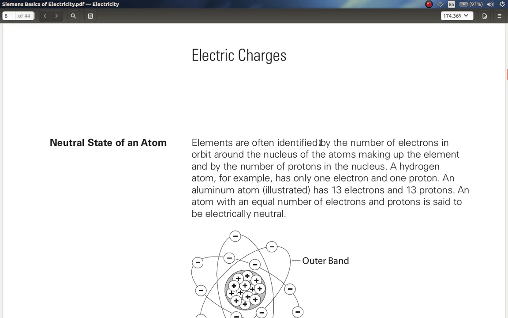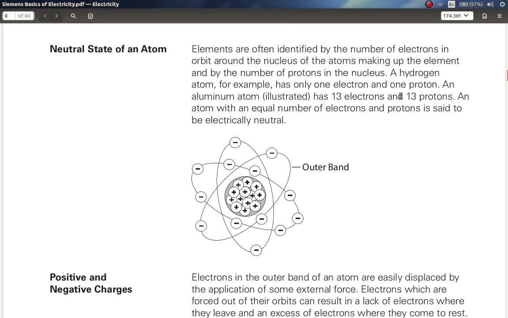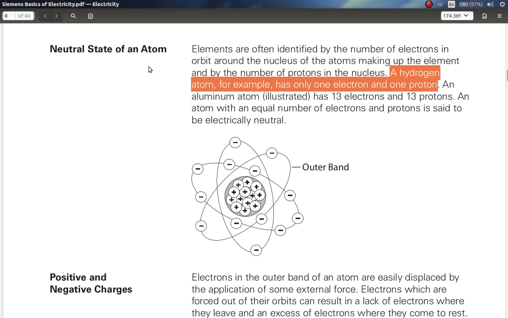Elements are often identified by the number of electrons in orbit around the nucleus of the atom making up the element, and by the number of protons in the nucleus. A hydrogen atom, for example, has only one electron and one proton.